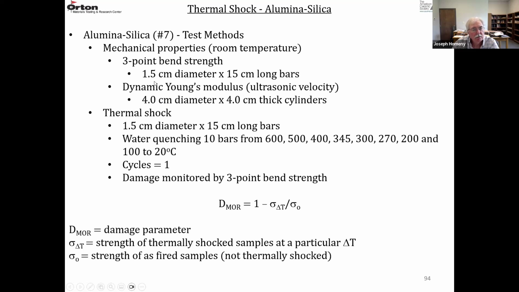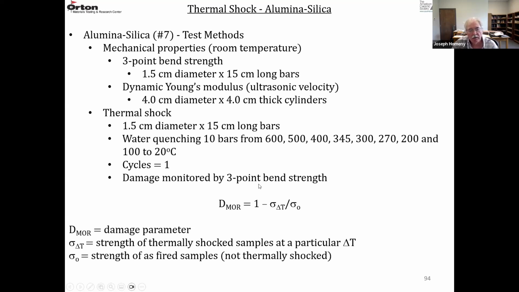The thermal shock was done on the longer cylinders, the 1.5 centimeter diameter by 15 centimeter long bars. It was done with water quenching, and they averaged 10 bars per quench temperature. And these were the quench temperatures: 600, 500, 400, 345, 300, 270, 200, and 100. And the water was at 20 degrees C, only one cycle per quench.